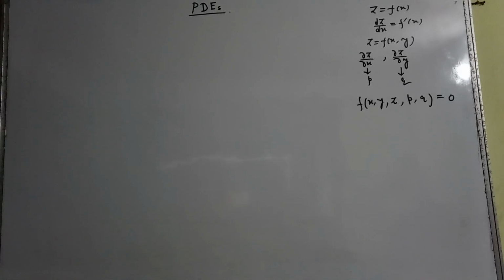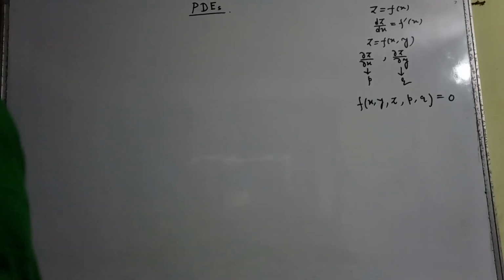But if z is a function of more than one independent variable, say two independent variables x and y, then we cannot take the ordinary derivative.